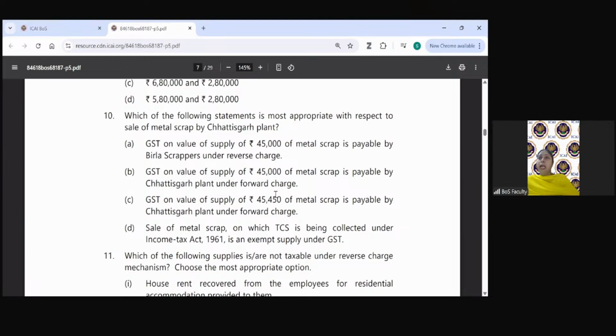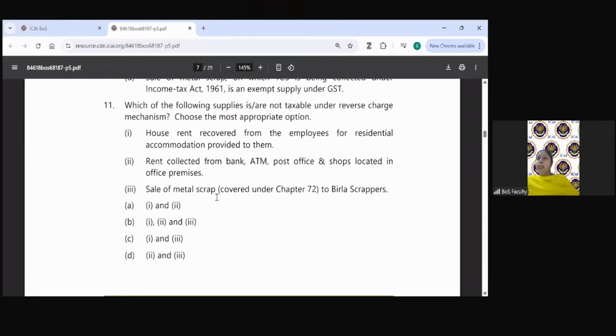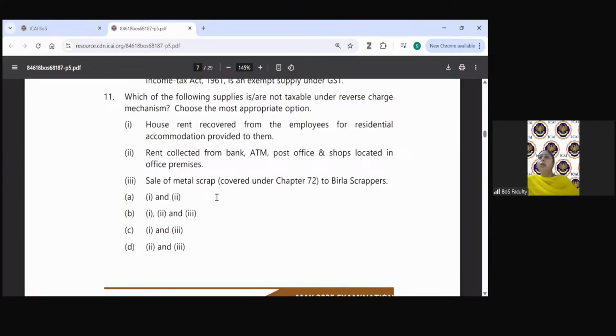Let us come to the last question of this particular scenario. Okay, Anshul, now you got this point. Good. So the last question is, which of the following supplies are not taxable under reverse charge mechanism? Choose the most correct option. House rent recovered from the employees for residential accommodation provided to them.